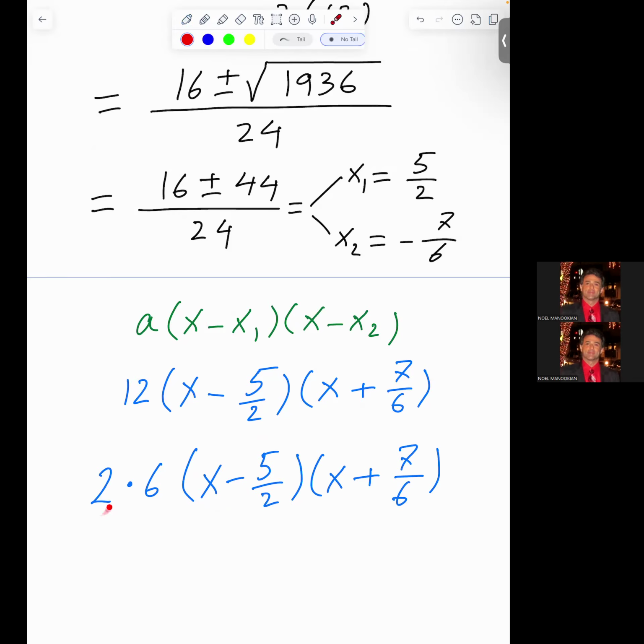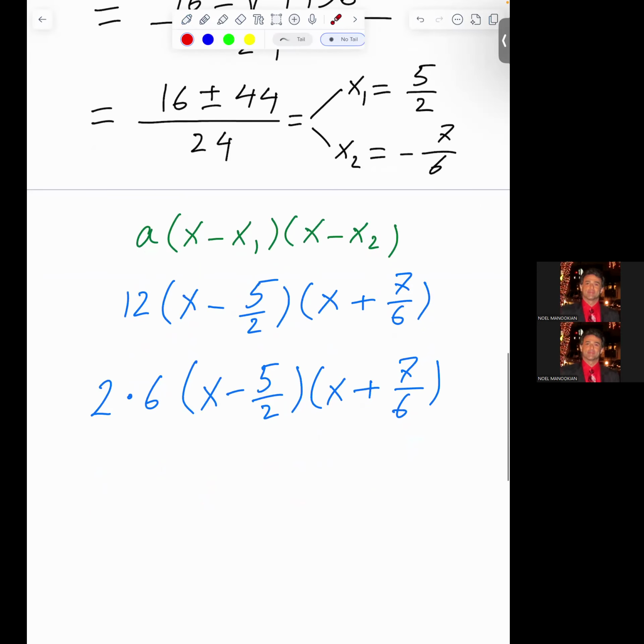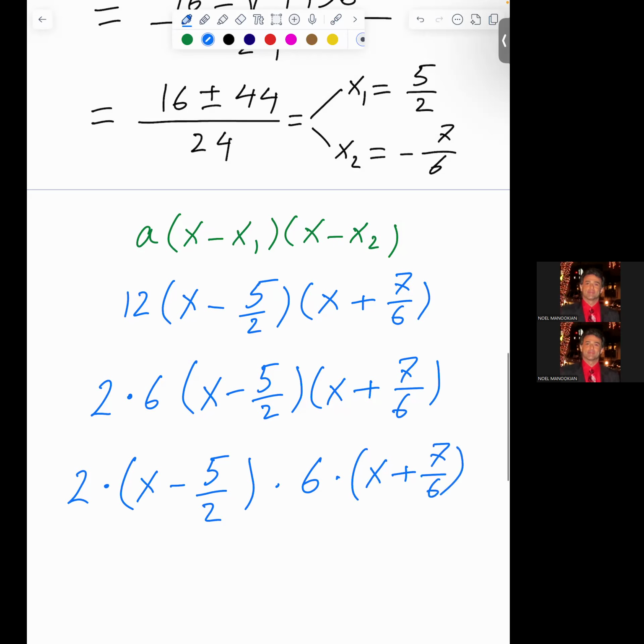You're not going to say that 2 times the first parenthesis, 2 times the second parenthesis. Just 2 for the first one, 6 for the second one to get rid of 2 and 6. So it means you have 2 times the first one, x minus 5 halves, times 6 times the second one, x plus 7 over 6.